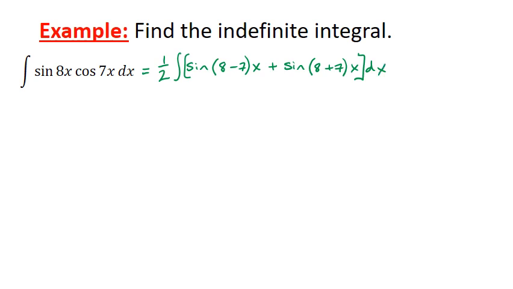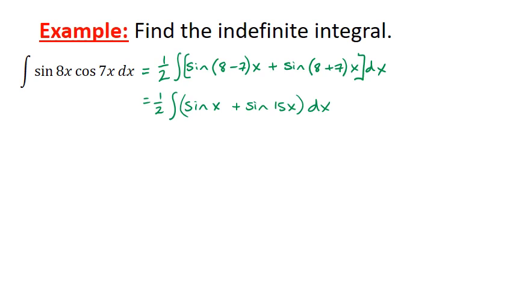Okay, so just applying that formula. So simplifying, I have 1/2 times the integral of sine of x plus sine of 15x dx.